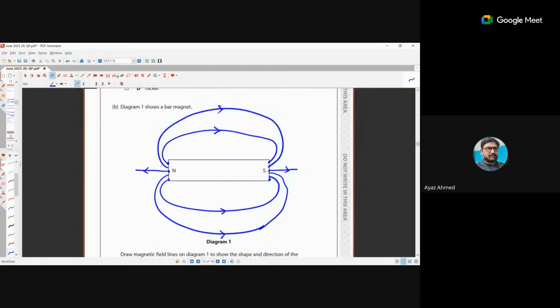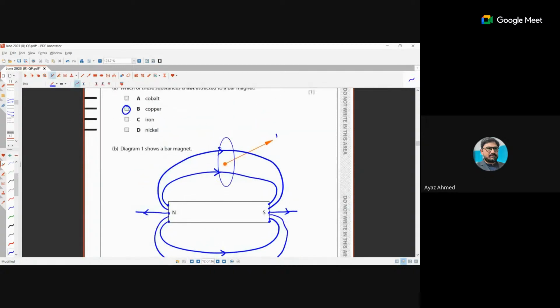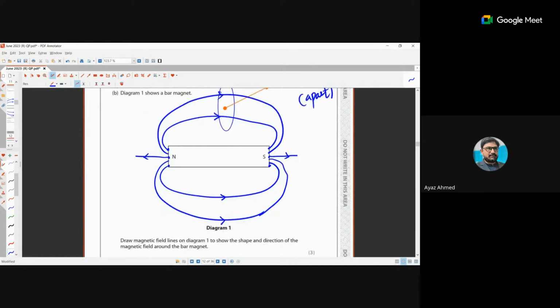The important thing I wanted to mention is that around this is the portion of the weak field. There is no need to mention it because it would not be asked, but the field lines should get apart from here, in the weak area. Apart lines, because I'm explaining the paper, that is why I have to mention it here.